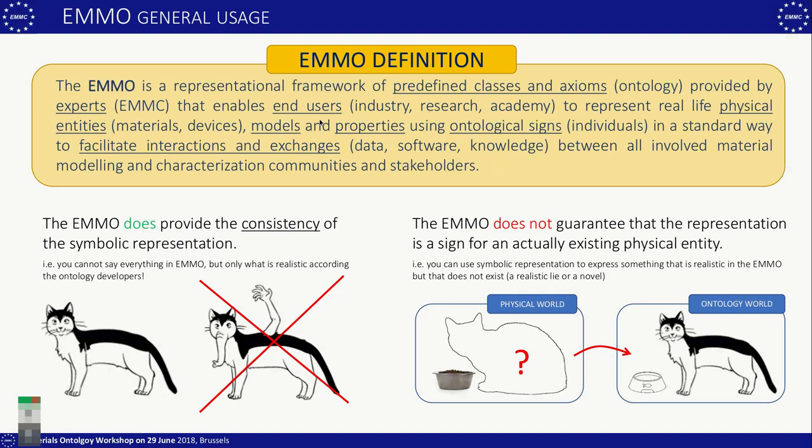This will enable end users, so industry, research, academia, everybody who deals with materials and modeling and also characterization, to represent real-life physical entities, materials, devices, processes, models, and properties using ontological signs in a standard way to facilitate interaction and exchanges between all involved material modeling and characterization communities and stakeholders.